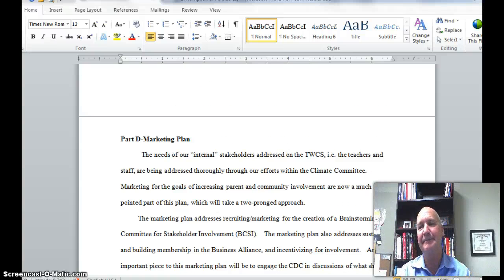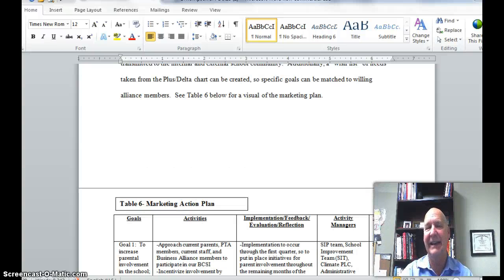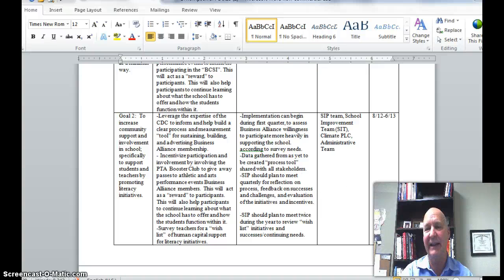Part E will be your reflection on this whole process, what you've learned and how you've grown as a result of completing your stakeholder community involvement project. And again, I'm going to ask that you complete and submit all three of those: stakeholder and community involvement plan, part C, resources, D, marketing plan, and E, reflections, as one piece on October 5th. So in a month.